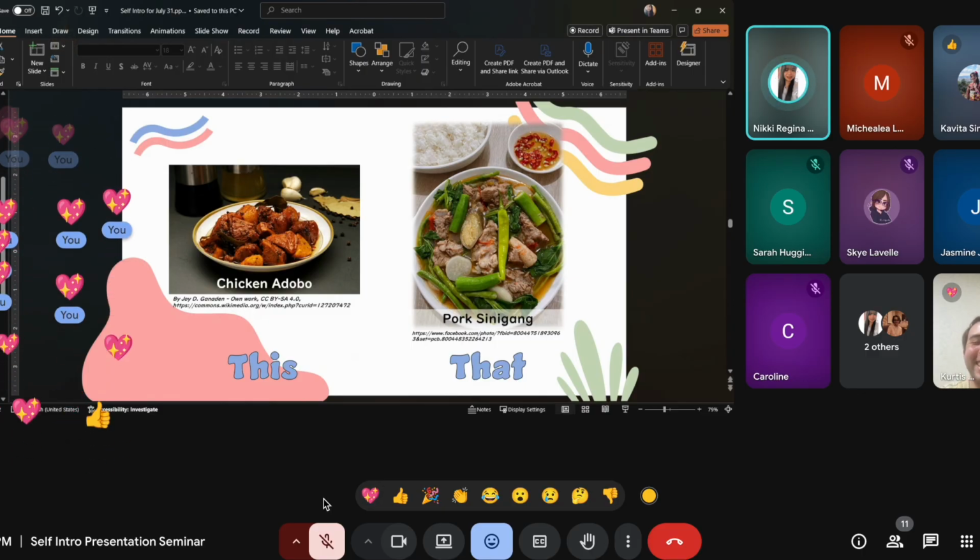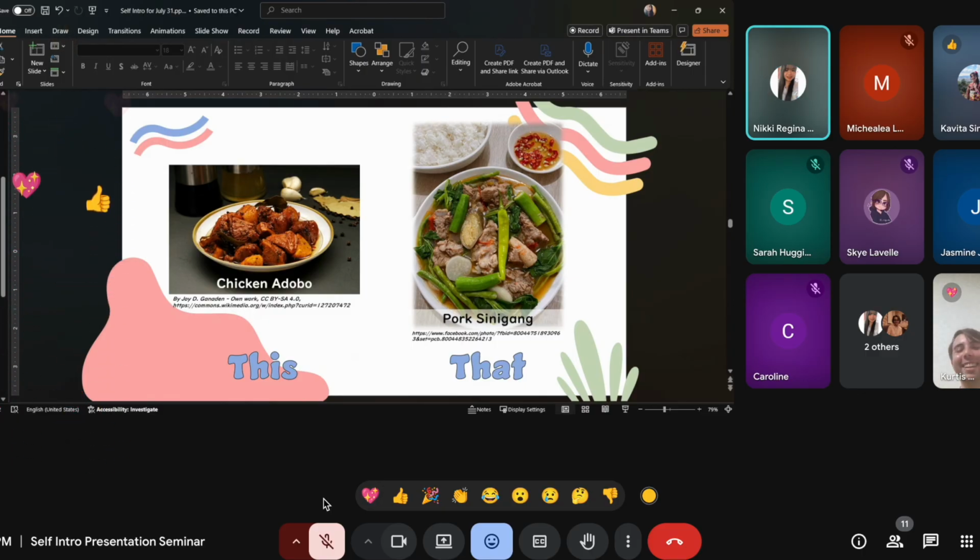Wow, Kurtis is pressing the heart button. Okay, so I like sinigang. So yeah, you can have fun, like for example, my favorites. You can play this or that.